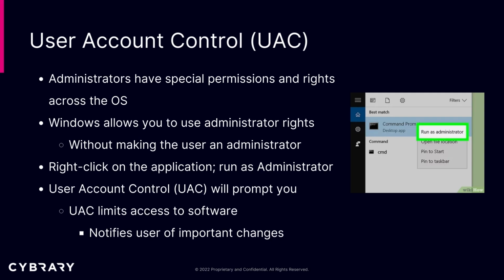Then the user account control UAC prompt will appear. Basically, it's letting you know that you're doing this as an administrator, not as a regular person. It warns you that you're about to make changes with administrator privilege or in the administrator role. So UAC limits access to software and notifies the user of important changes that you are about to make on that system.